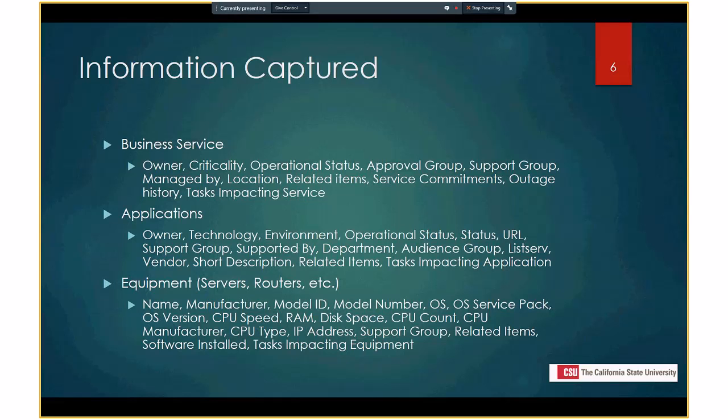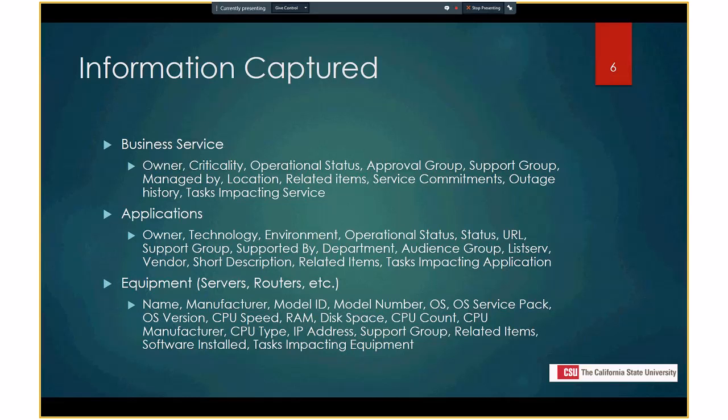repair, or it's in production, or if it's just being released, the URL to the actual application itself, who the support group is, who it's supported by, what department it belongs to, any audiences that may be affected, and listservs tied to that application.